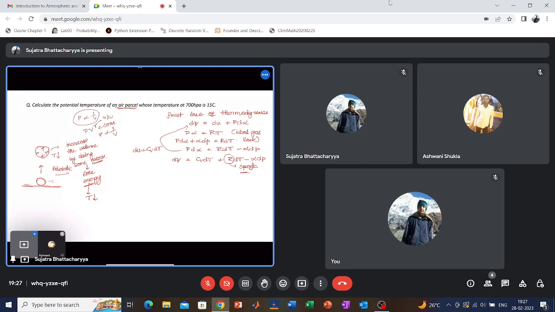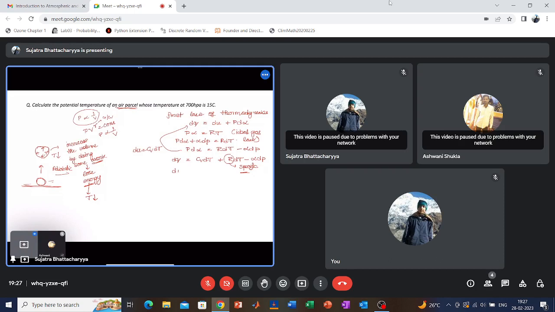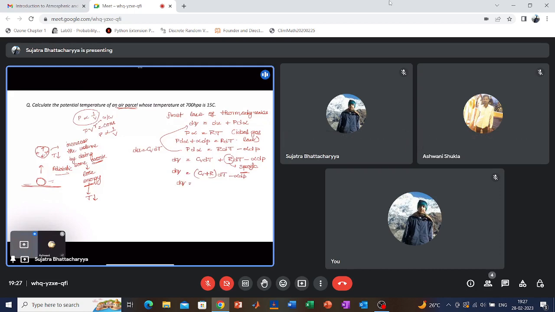Now, I can further combine Cv plus R because dT is common, minus alpha dP. So dq will be equal to Cv plus R, which is Cp, dT minus alpha dP. So this is another form of the first law of thermodynamics, mostly used in the atmosphere.